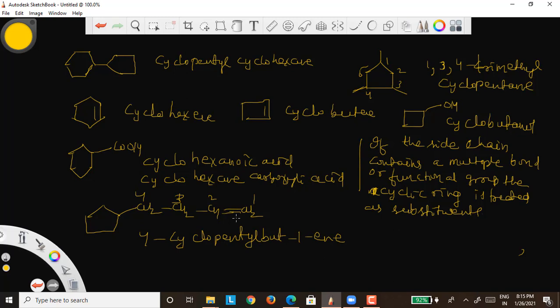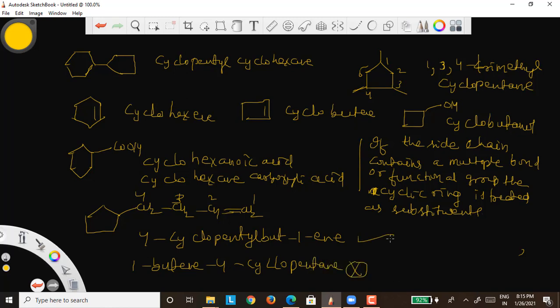Otherwise you could name it like 1-butene 4-cyclopentane, but this is wrong.